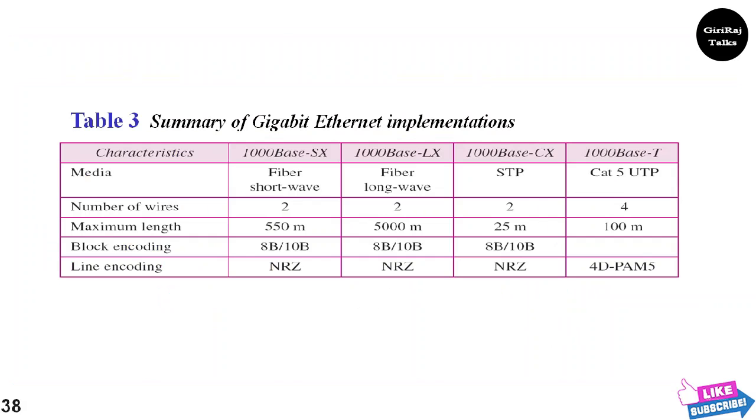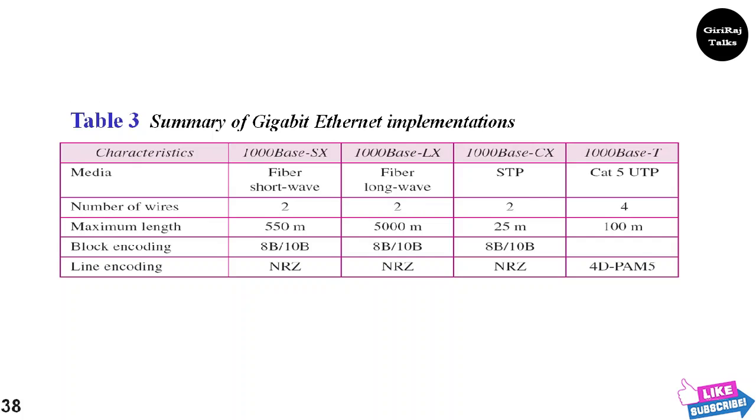Just look at the summary of Gigabit Ethernet implementation in table 3. You can look at the characteristics of 1000Base-SX, 1000Base-LX, 1000Base-CX, and 1000Base-T. The characteristics are media, number of wires, maximum length, block encoding, and line encoding. You can observe all these differences between all these cables.